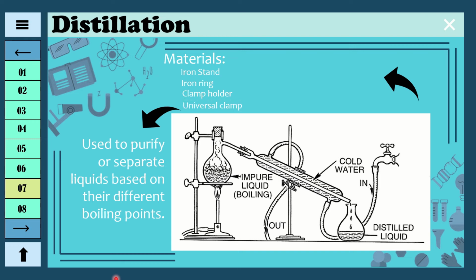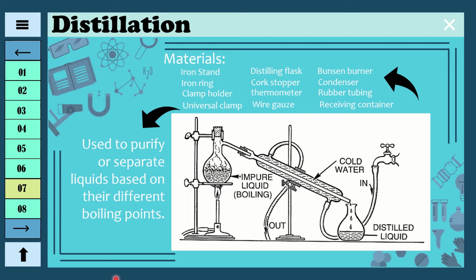Next we have universal or extension clamp, distilling flask, cork stopper, thermometer, wire gauze, Bunsen burner, condenser, rubber tubing, and receiving container or flask or a beaker. And you can also use distillation and condenser adapter, but it is only optional.